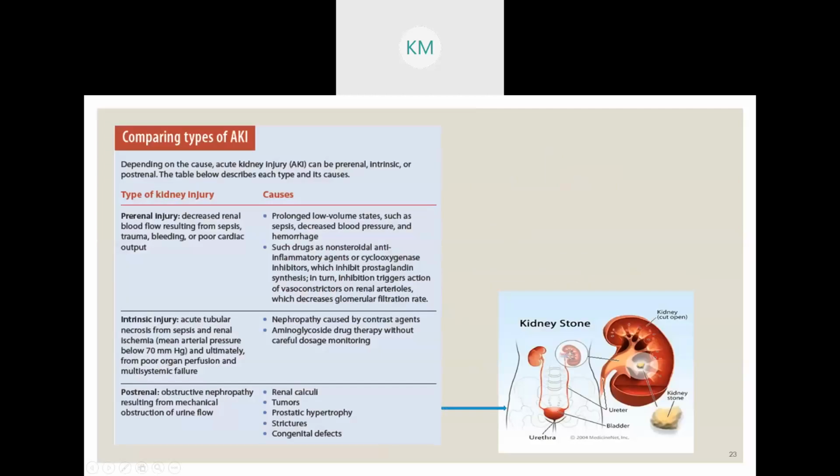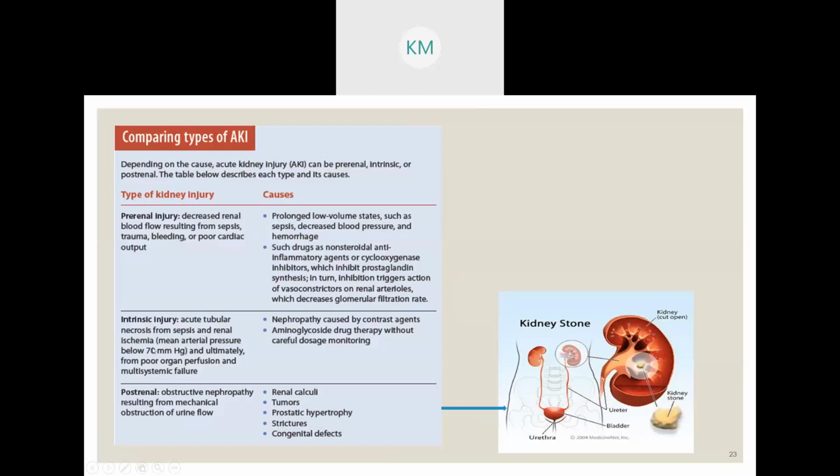All right. Pre-renal, caused by a decrease of renal perfusion, often because of volume depletion. Right here, sepsis, volume depletion. Look at the causes. Bleeding, poor cardiac output. Okay, intrinsic, caused by a process within the kidney.